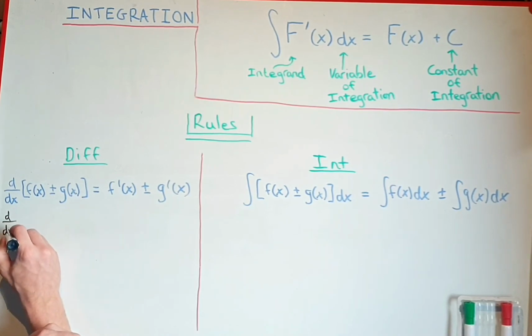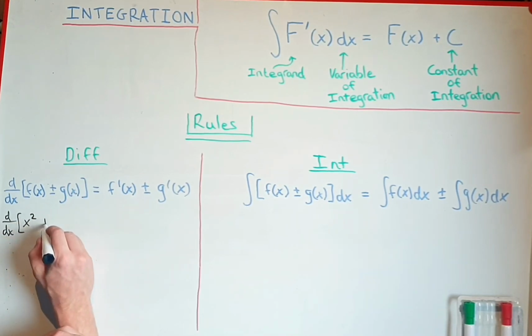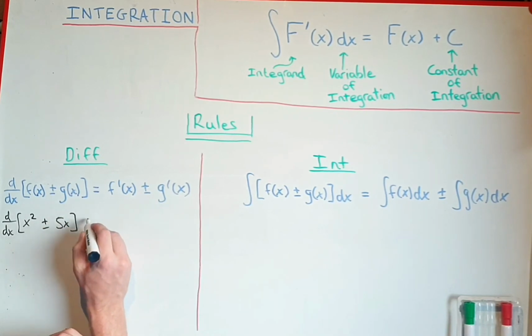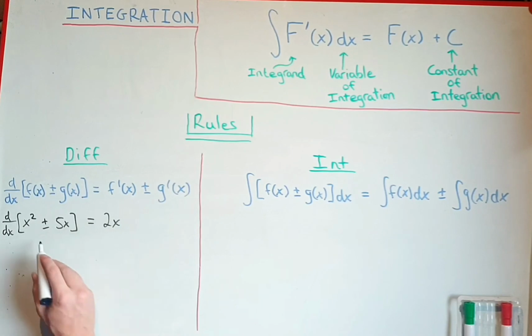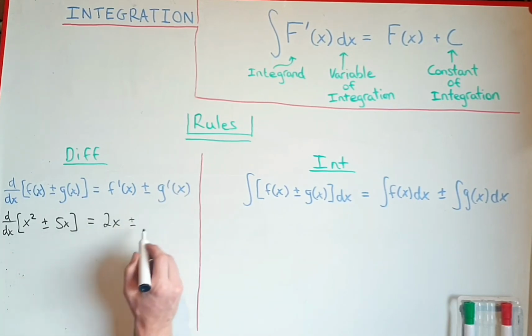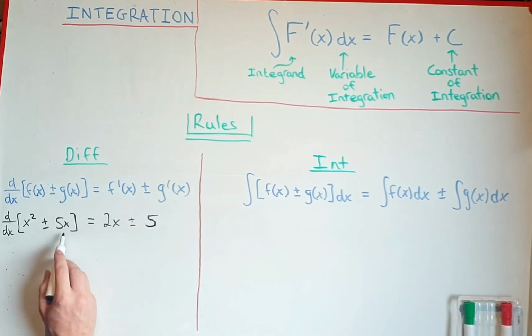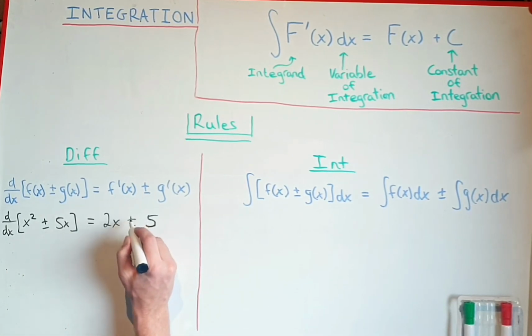An example would be if I want to differentiate x squared plus or minus 5x. When we differentiate this, we know that the x squared goes to 2x, and then the 5x will just go to 5. So we see that we just differentiated each expression individually to get our final result.